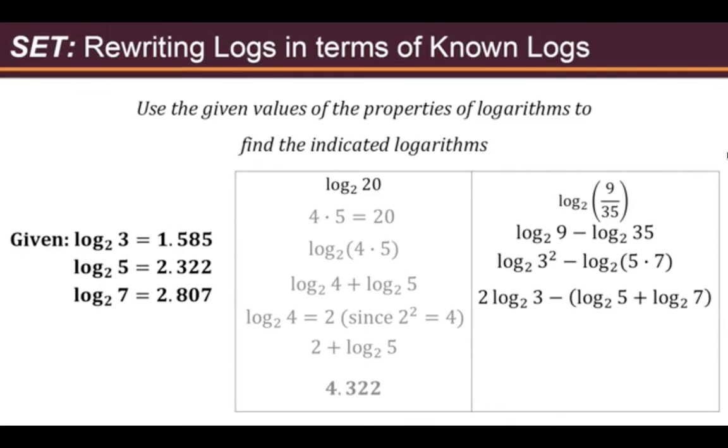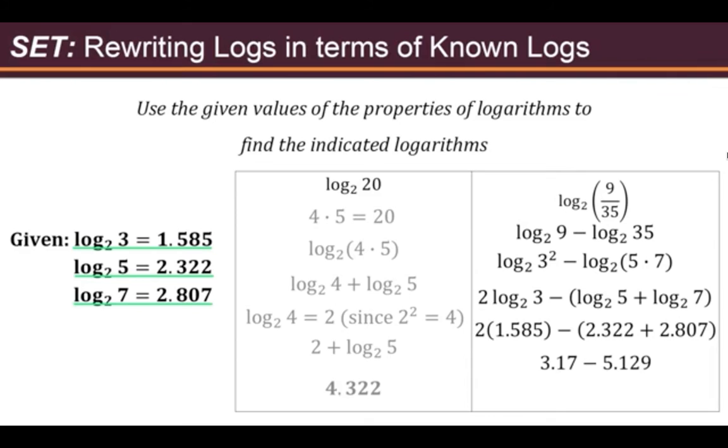So 2 log base 2 of 3 minus log base 2 of 5 plus log base 2 of 7 equals 2 times 1.585 minus 2.322 plus 2.807, which gives us 3.17 minus 5.129, or negative 1.959.